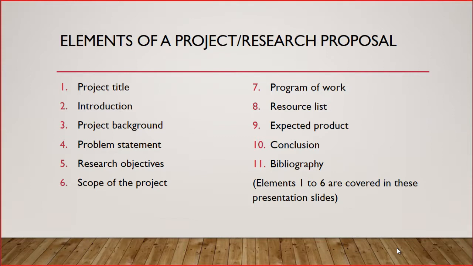Number 8 is resource list. Number 9, expected product or expected outcome. Number 10, the conclusion. And number 11, bibliography or reference. So these are the 11 elements of a project proposal or a research proposal.